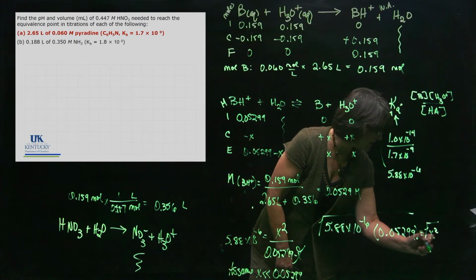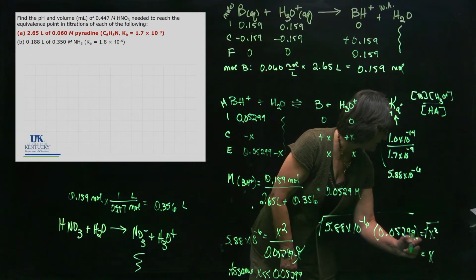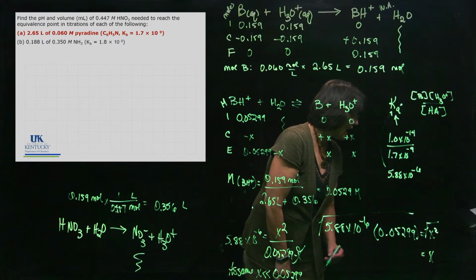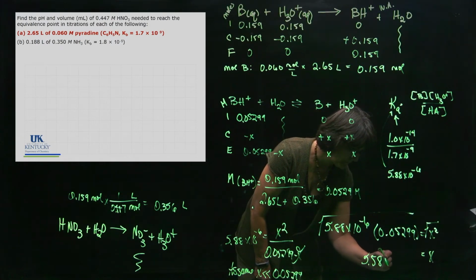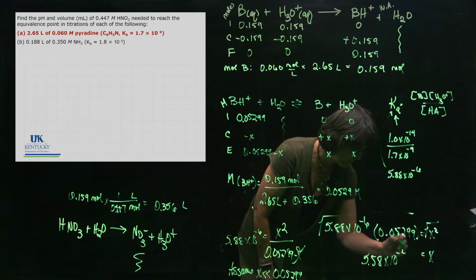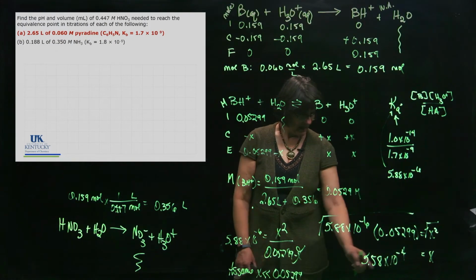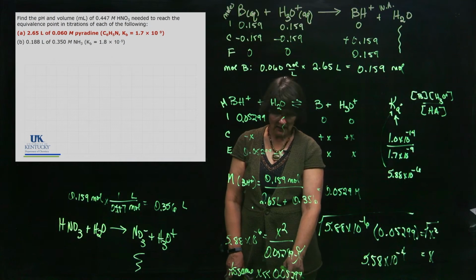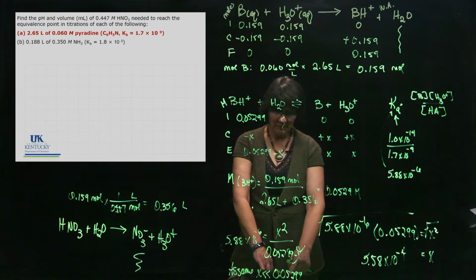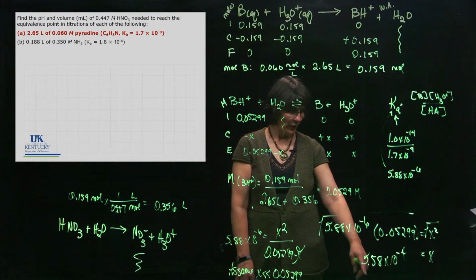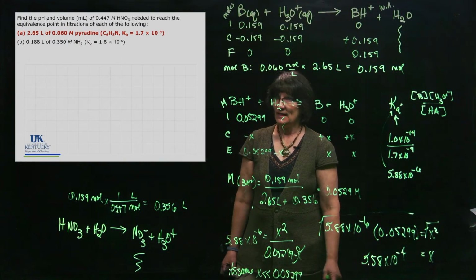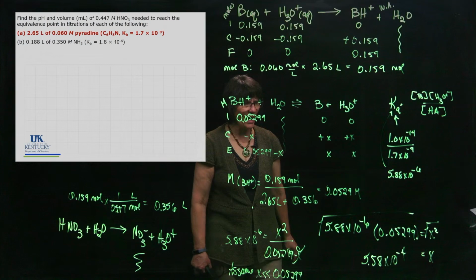So in this case, the x value is equal to 5.58 times 10 to the minus 4. So we check our assumption. Is that much, much smaller than that? Well, to this many decimal places, it might make a difference, but that is very small compared to 0.05. 0.0005 is much smaller. So now that's x.